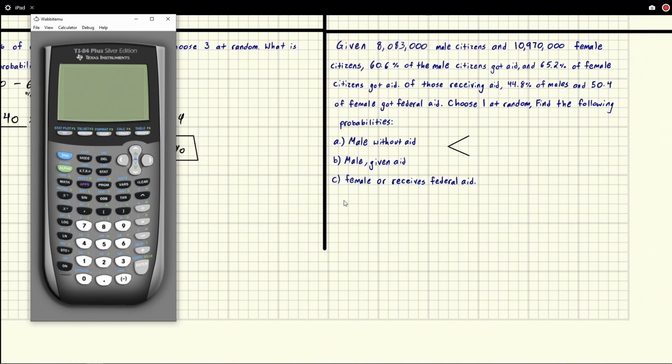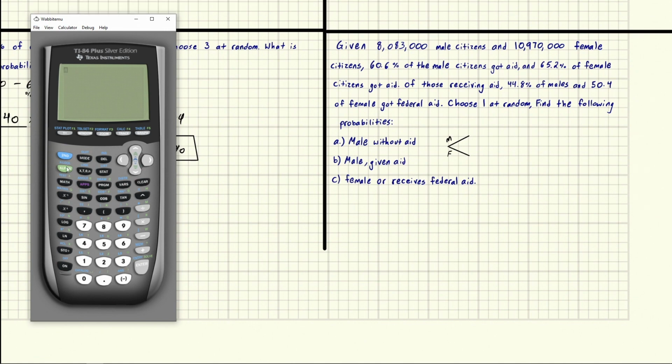The first branch we'll call the male branch, and we'll call this the female branch. The chance that someone is male is the males on top, with everyone as the sample size. Remember the definition of probability is the sample size and then the condition on top. So it's everyone, and then male on top. We're going to do that first.